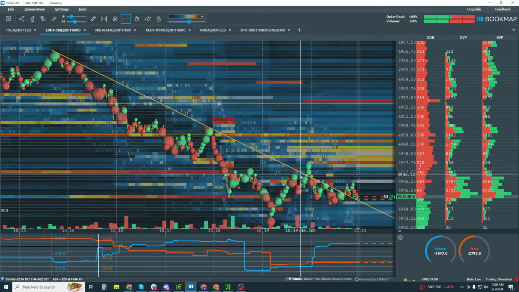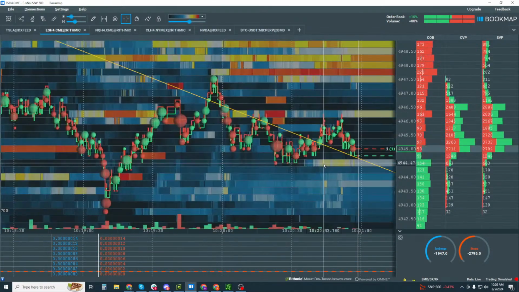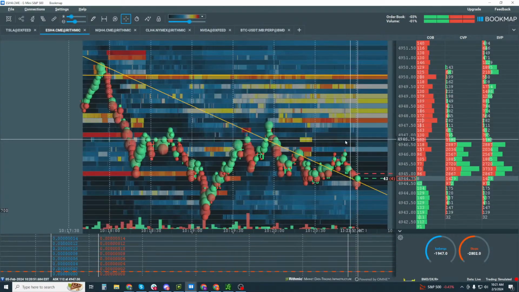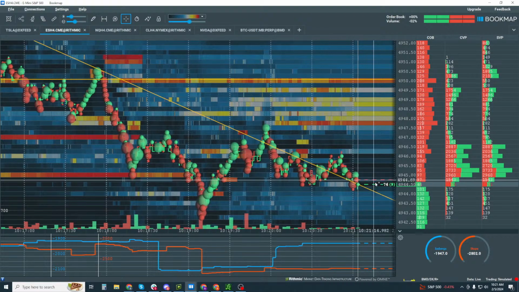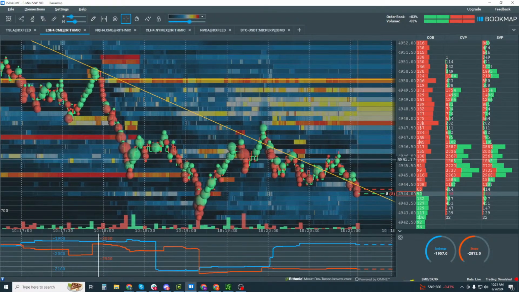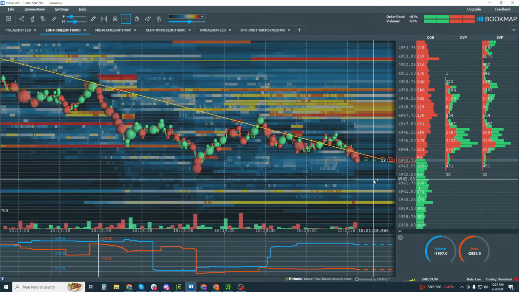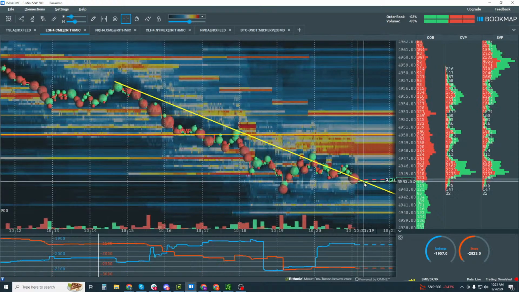It looks more like profit taking to me, but anyway. So still more sellers.